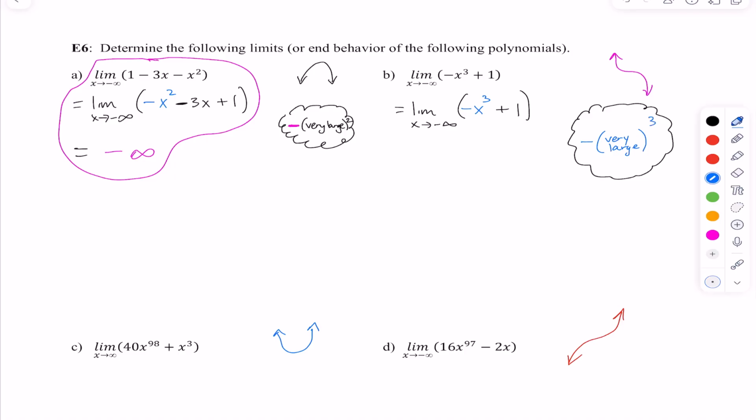So what happens when you take a very large number and raise it 3 times? Imagine 1 billion and then cube it. What's a billion cubed? Is that a very small number or a very large number? It certainly is very large. Okay, so then take its opposite. So we actually have this end behavior here, and it's going to be negative infinity.